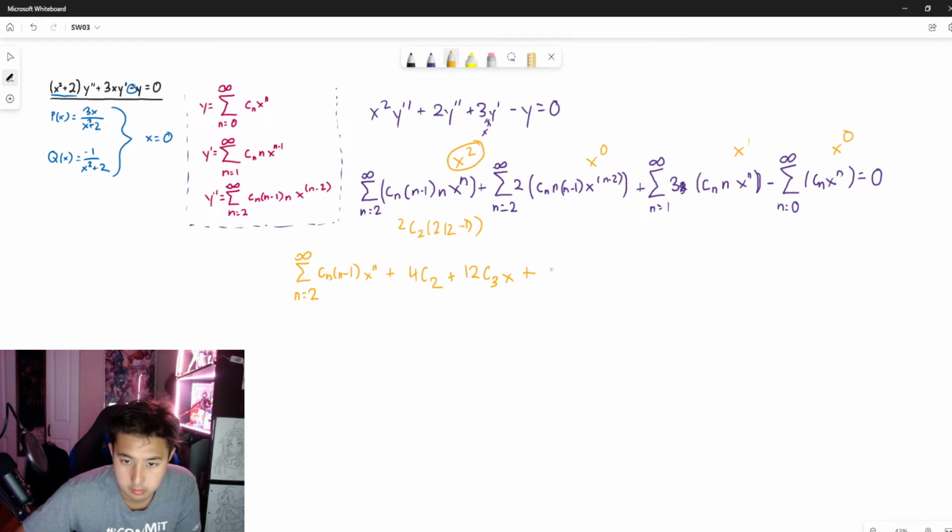So we're going to go with the series from n equals 4 to infinity. We're going to end up with 2 times Cn times n x and 2. And then from there, we're going to do the same thing we did before.